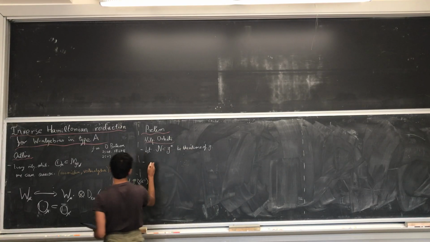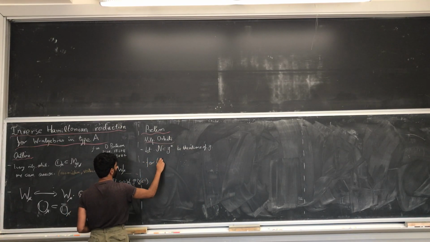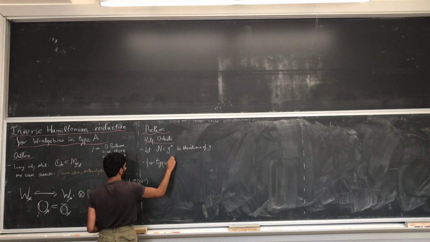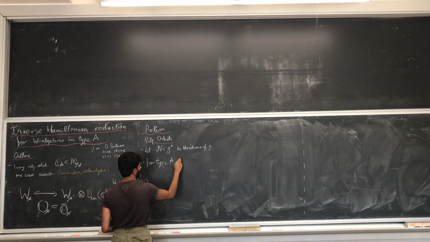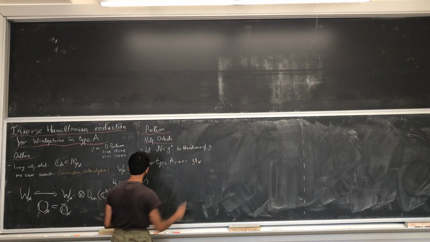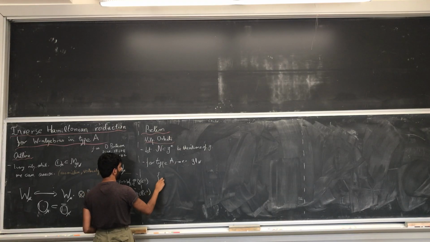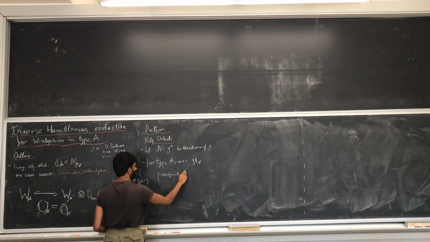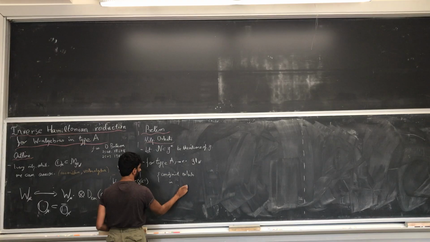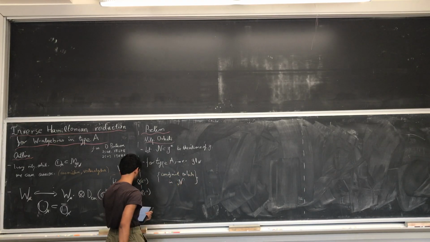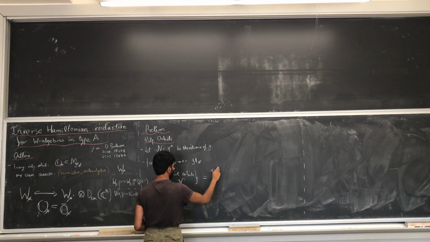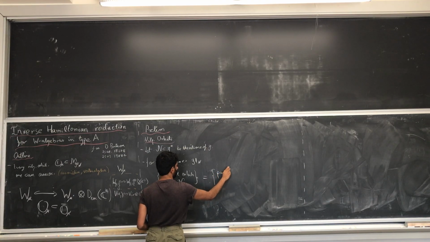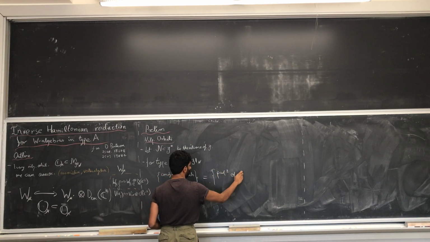And in type A, i.e. in GLN, there's a nice correspondence which says that coadjoint orbits in this nilcone are in bijection with partitions of this n.